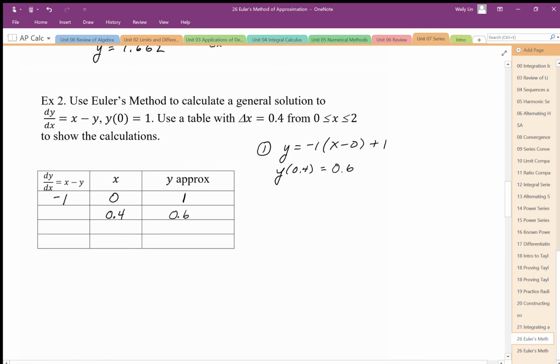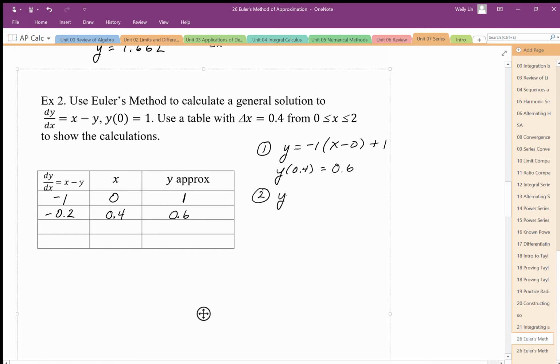Once I calculate that coordinate, I'm going to use the derivative to calculate the slope for the next iteration. So 0.4 minus 0.6 is going to give me a slope of negative 0.2. Then I go to my next iteration and repeat this process. Now I have the slope, I can write my new equation.